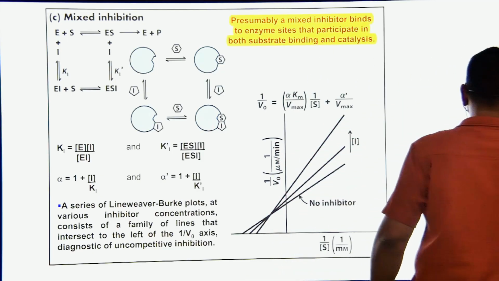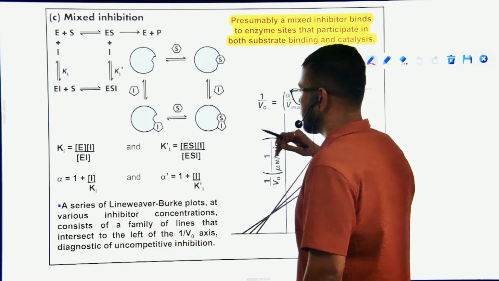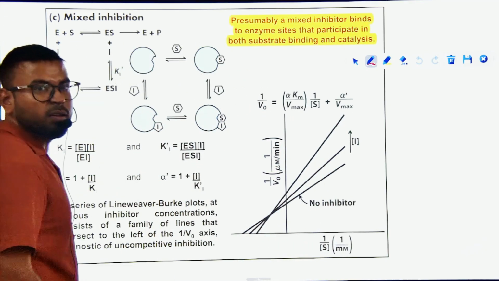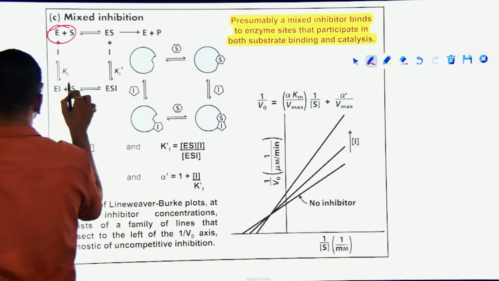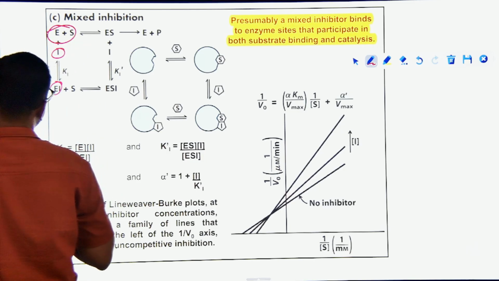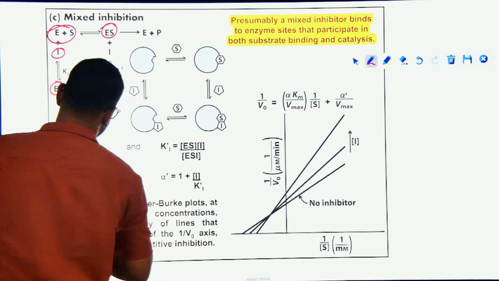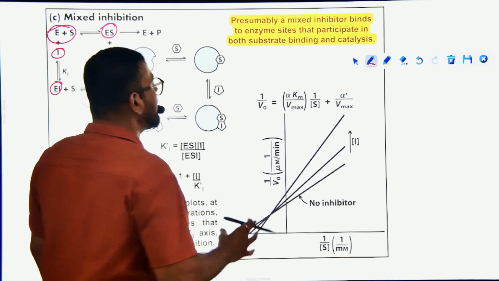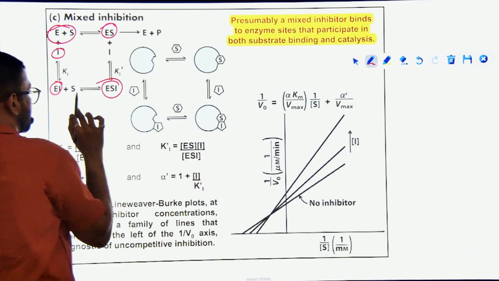Lastly, coming to mixed inhibition. Over here, enzyme plus substrate: on one hand, EI is a kind of inhibition, whereas ES is forming ESI as well. So inhibition is occurring in both cases, in terms of EI and in terms of ESI.